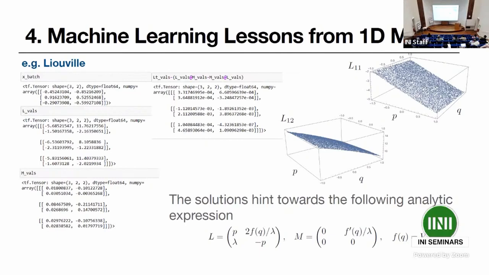If I want to check how far this L and M are from satisfying exactly the Lax-pair equation, you see that for every entry we have roughly 10 to the minus 4 or 10 to the minus 3. This is not entirely satisfactory, because ultimately you would like to get closed expressions for your Lax pair.